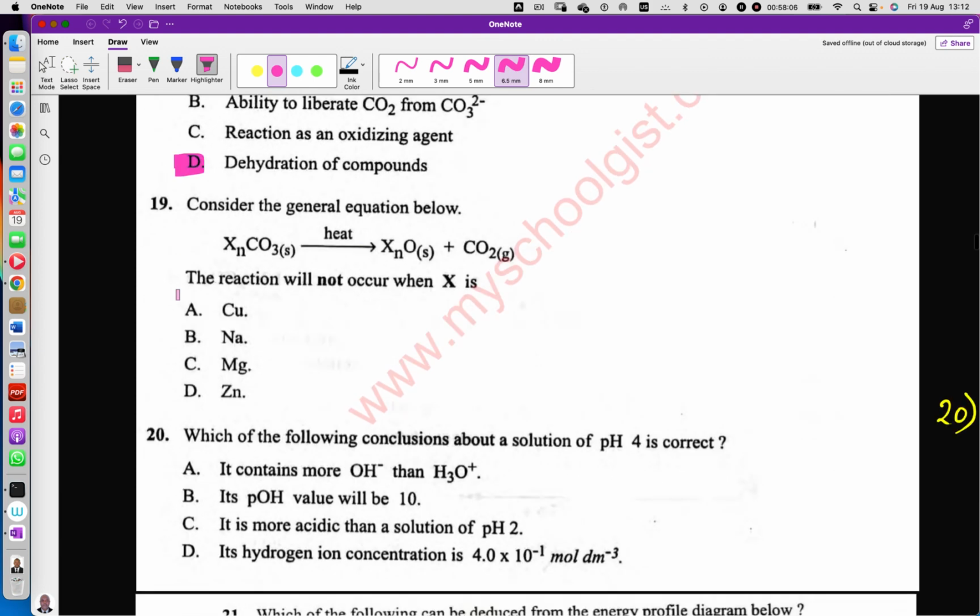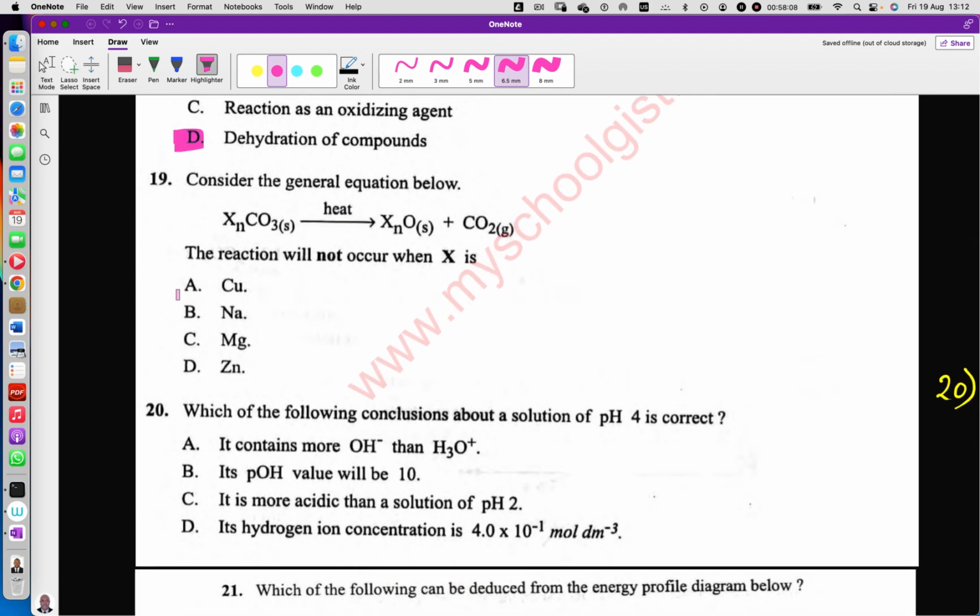Question number 19. Consider the general equation below.